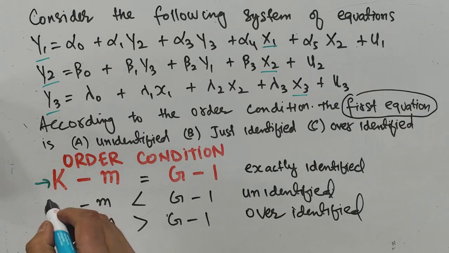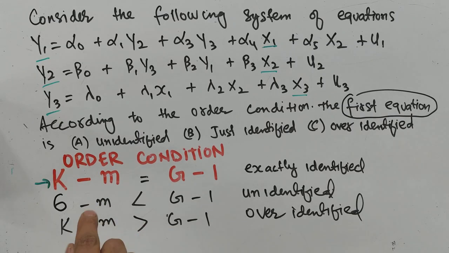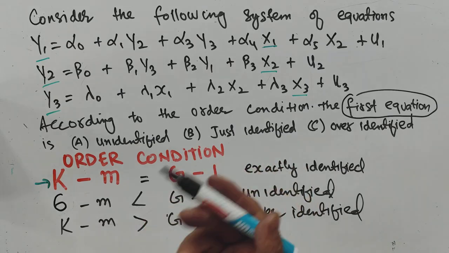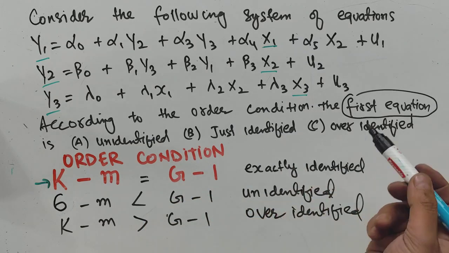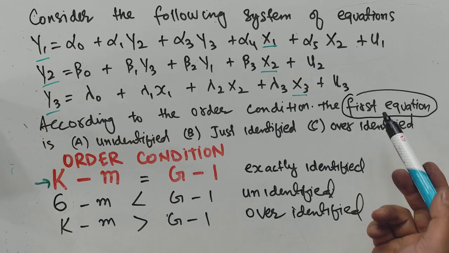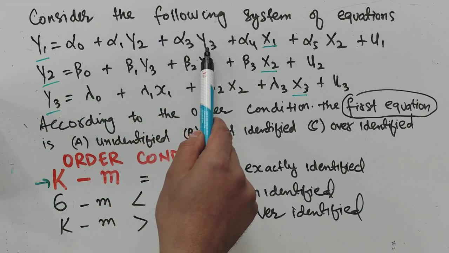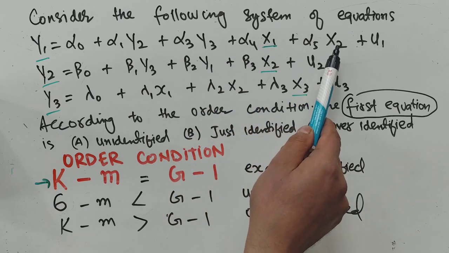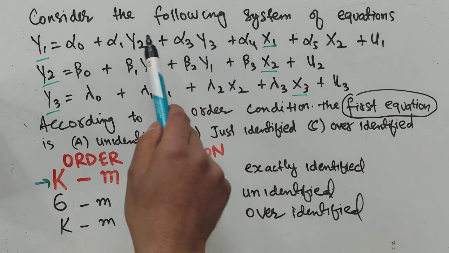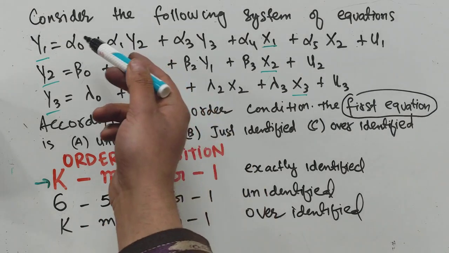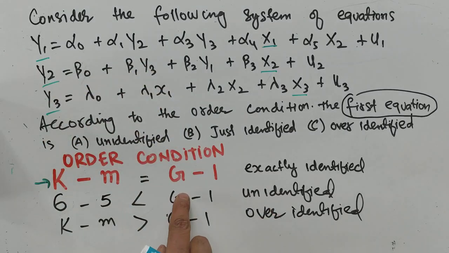K comes out to be 6, minus what is m? M denotes the number of variables in a particular equation. Since we are being told about the first equation, the variables here are y1, y2, y3, x1 and x2. So we have 1, 2, 3, 4, 5, so m will be 5. G, the total number of equations, is 3.